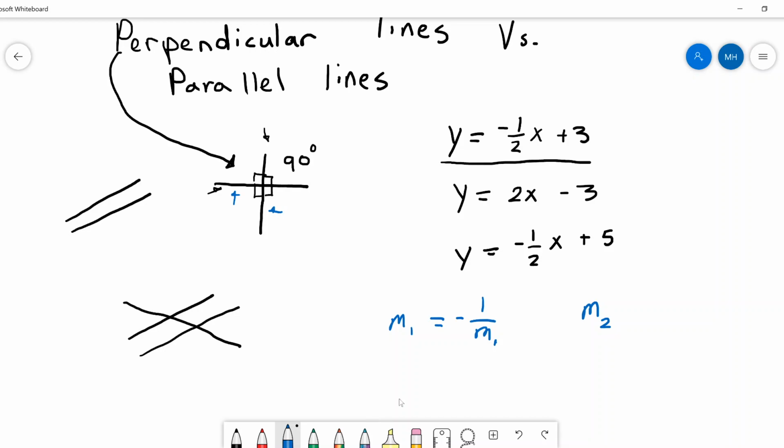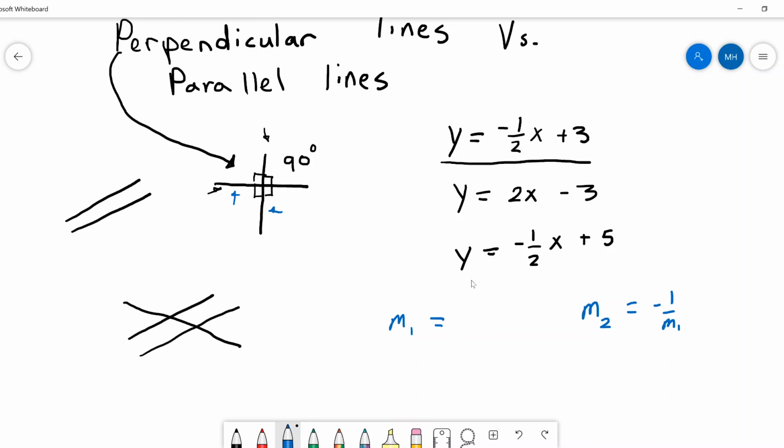Let me rewrite this: m2 is going to be equal to negative 1 over m1, where m1 is the slope of your starting line.